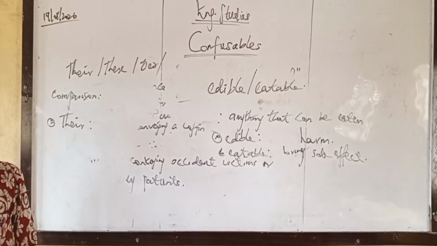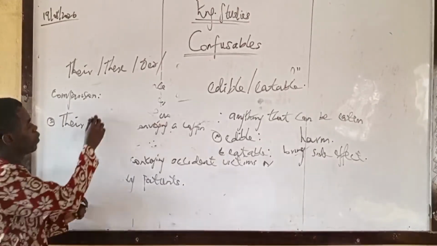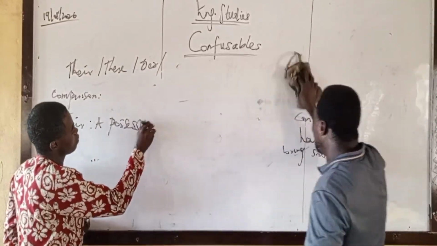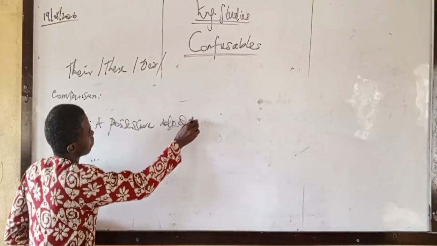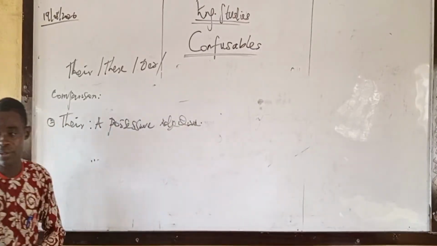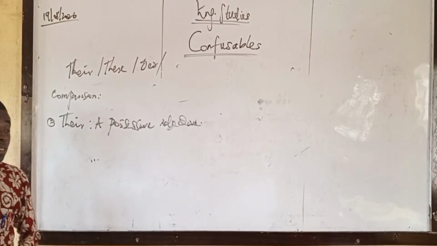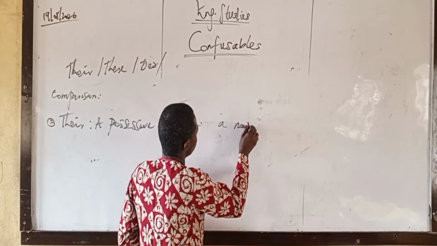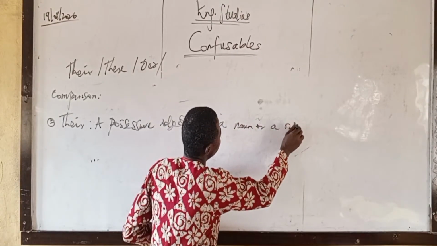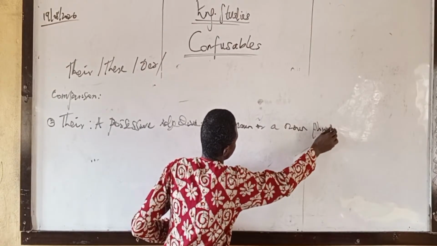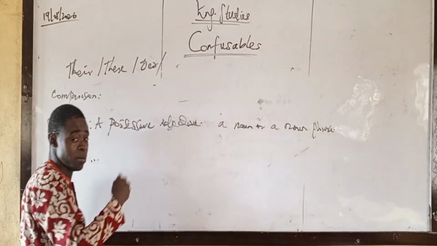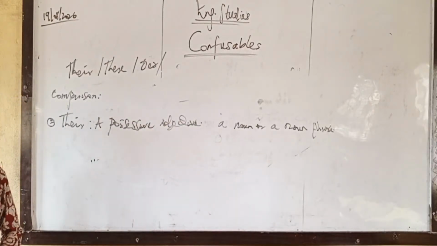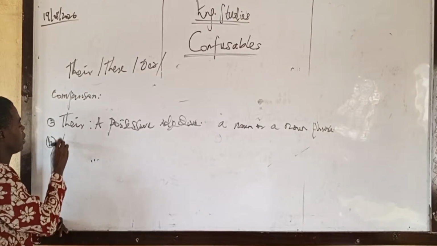A possessive adjective. Full stop. Thank you, sir. Possessive adjective. That is, it can precede a noun or a noun phrase. It can appear before a noun or a noun phrase. The second one now, there.